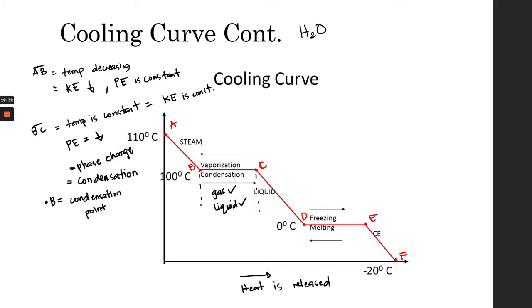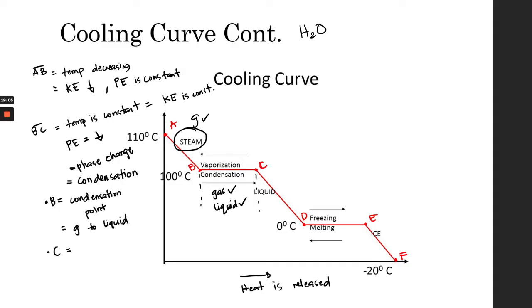Before B, there's only steam, so there's only gas present. As we enter point B, the steam or the gas starts to become liquid. Okay, so gas to liquid. So between B and C, both gas and liquid are present until it arrives at point C.